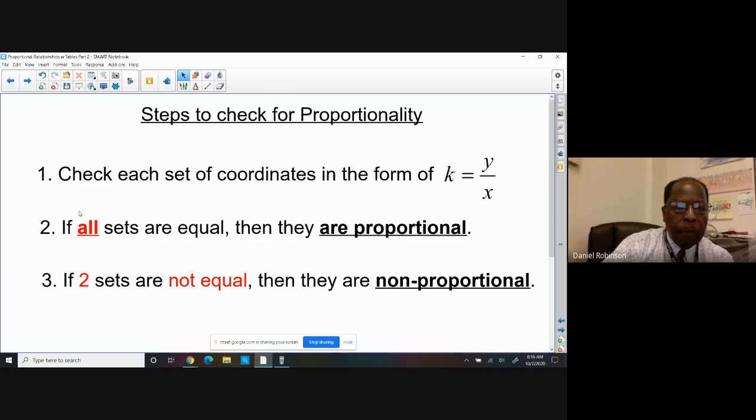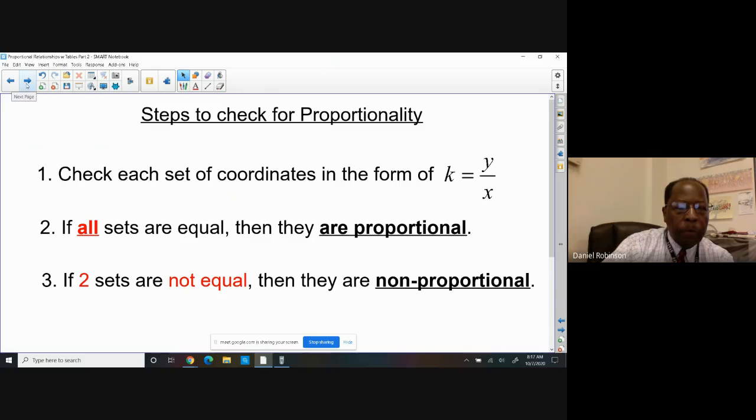Second step: if all sets are equal, they're going to be proportional. You see if all those fractions equal out to the same number, and you'll have a proportional relationship. But if two of the sets are not equal, then they are not proportional.